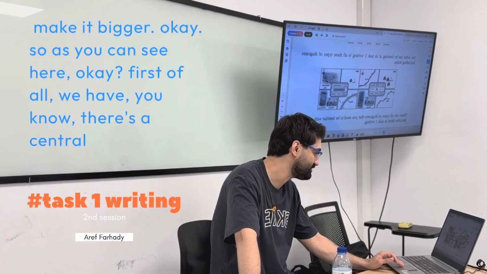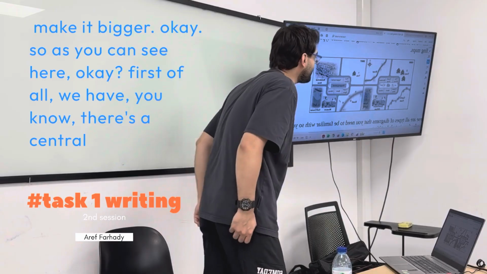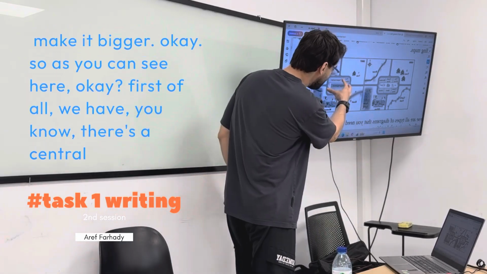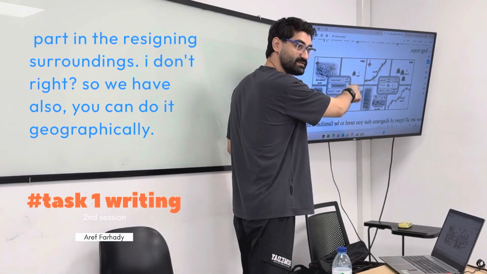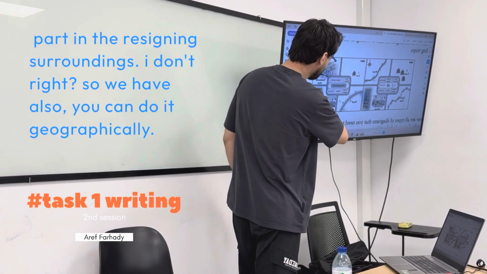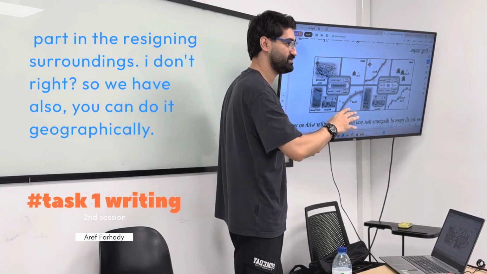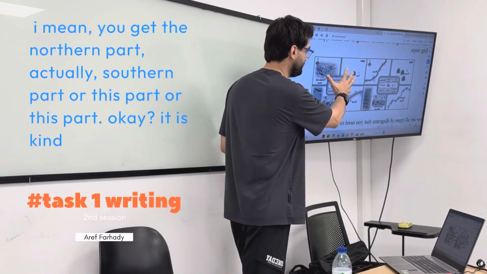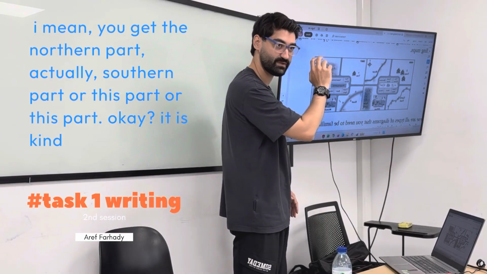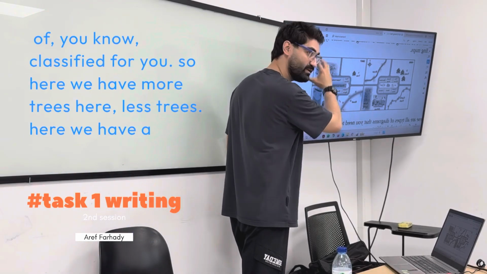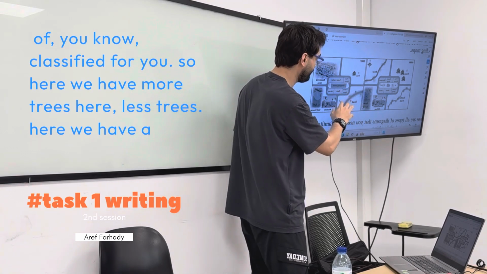Let me make it bigger. Okay. So as you can see here, first of all, there's a central part and there are surroundings. You can also do it geographically: the northern part, the southern part, or this part. It is kind of classified for you.